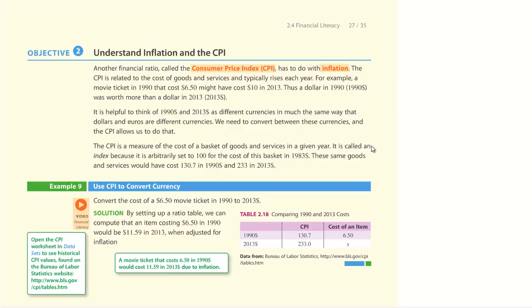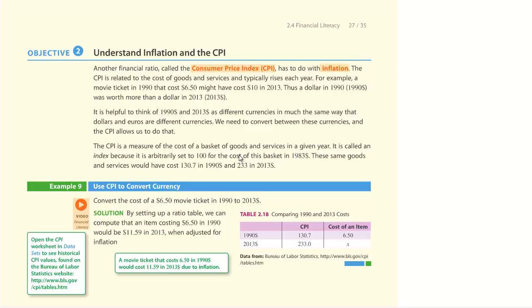So based on a CPI index, and in this case your CPI index is a ratio, it always has to be an index ratio compared to something. For these examples, it's going to be set to $100 for the cost of these goods and services in 1983 dollars. This is just an arbitrary setting.